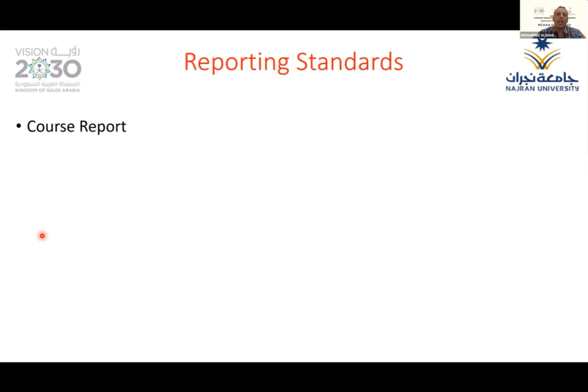Okay, reporting standards. We have a course report. This is a standard. Everyone should submit a course report according to the NCAAA form at the end of the semester in the course file. We have an annual program report. This is a yearly report. We have a KPIs report, a yearly report, and as Saira discussed, sub-reports.